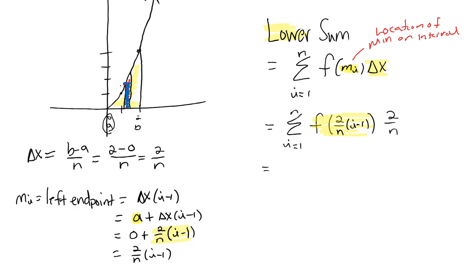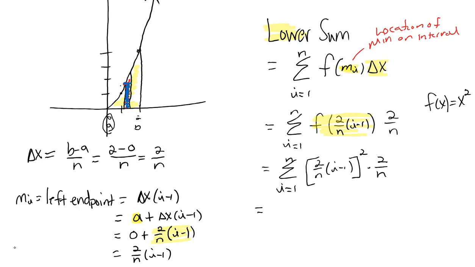So since my f of x is equal to x squared, I'm going to write this as 2 over n times i minus 1, all of that squared, times my delta x, which is 2 over n.